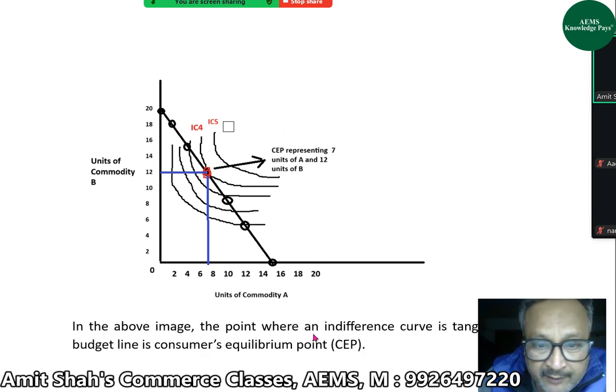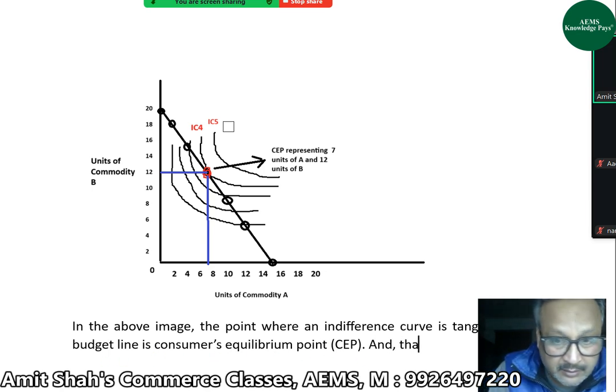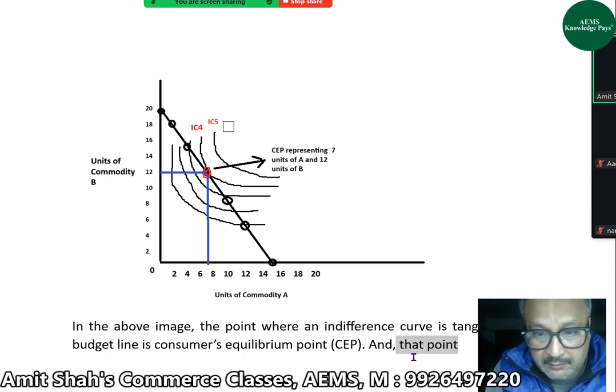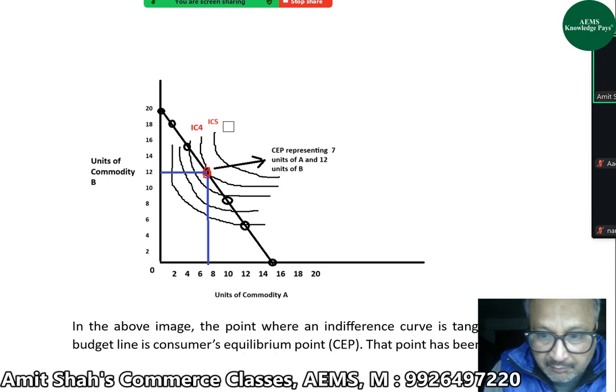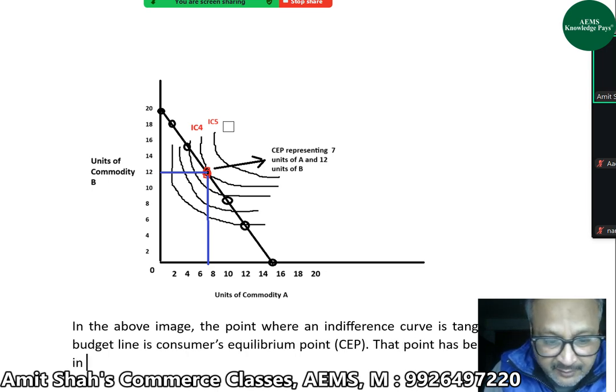In the above image, the point where an indifference curve is tangent to the budget line is the consumer's equilibrium point. That point has been marked in red.